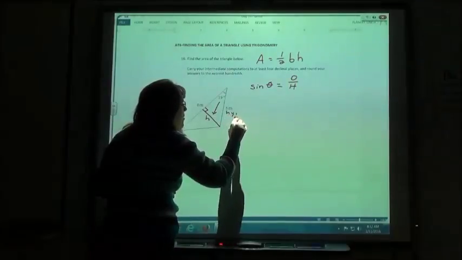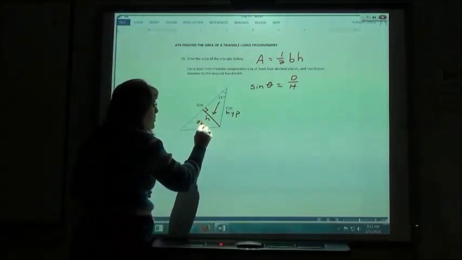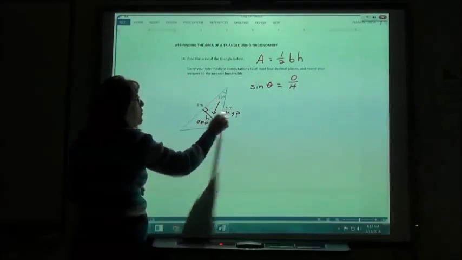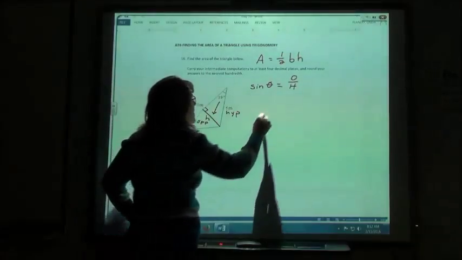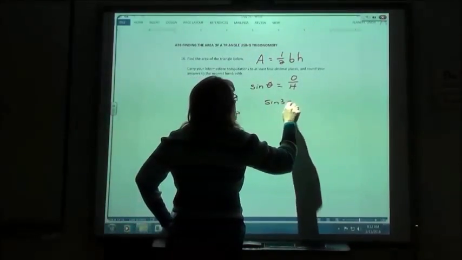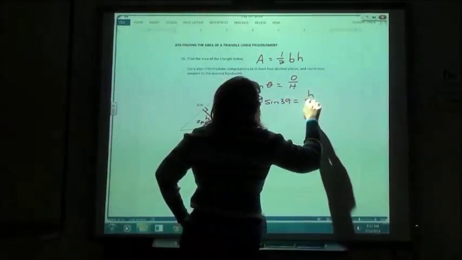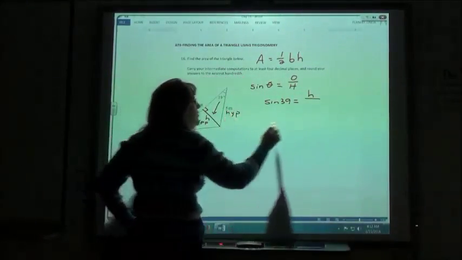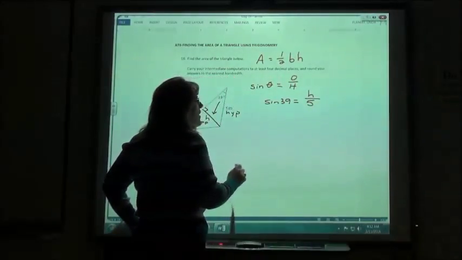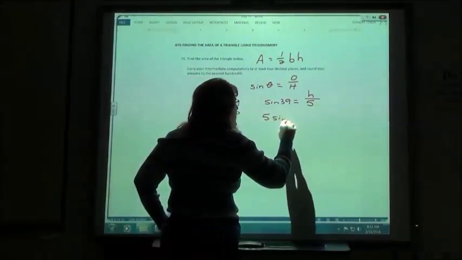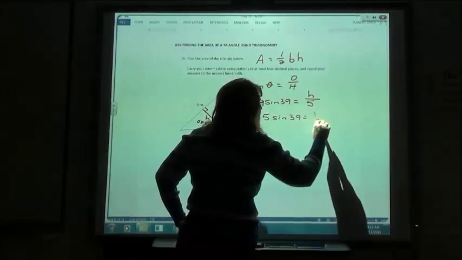This side here is my hypotenuse, right? So the sine of 39 degrees is going to equal the opposite side, which is h, over my hypotenuse, which is 5. So solving that, 5 times the sine of 39 is going to equal h.